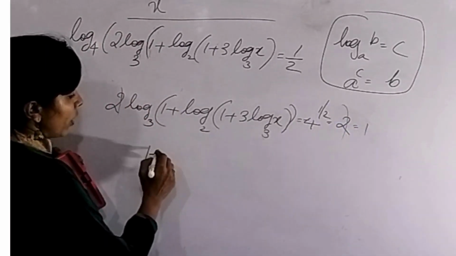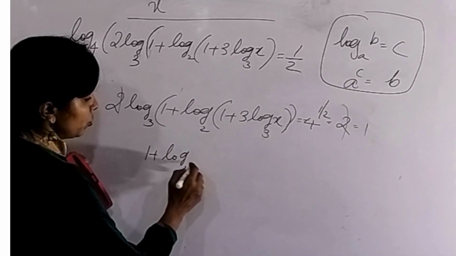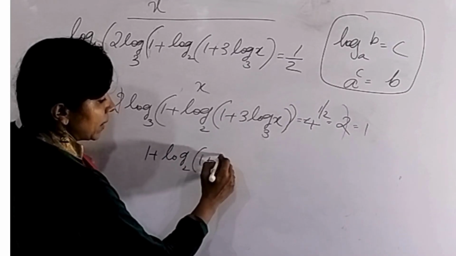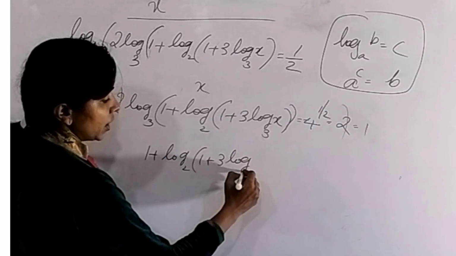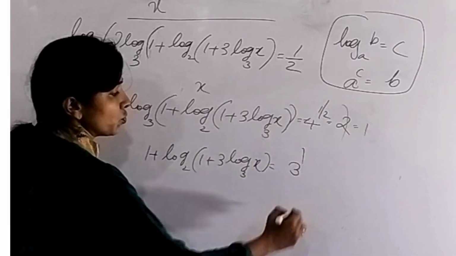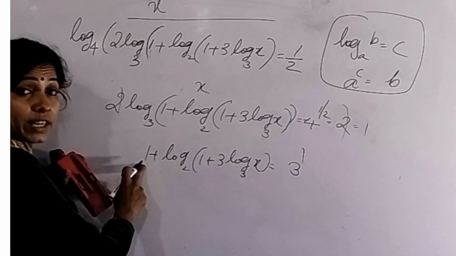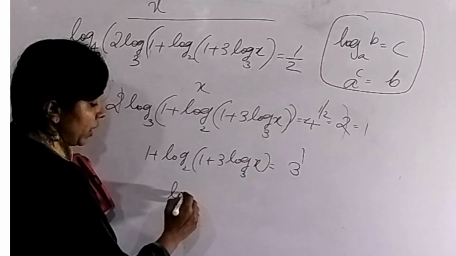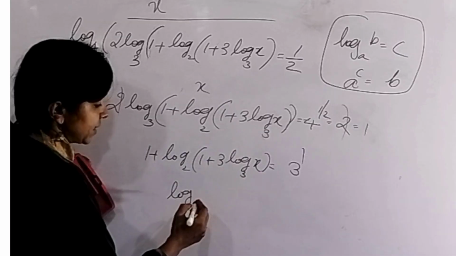So 1 plus log base 2 of (1 plus 3 log base 3 of x) is equal to 3 raised to 1, since the base is 3. We have to subtract this 1 from 3, so I move this 1 to the right side.